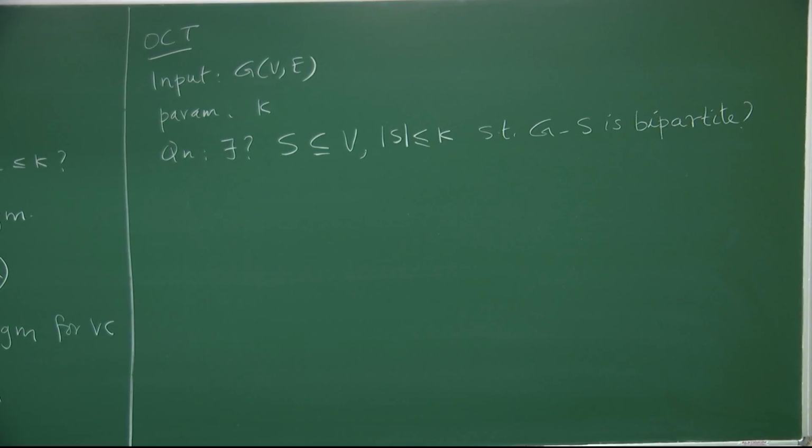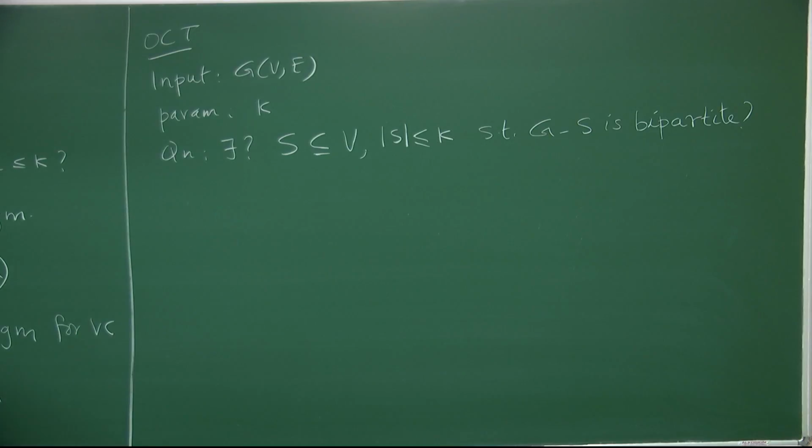Right? So, can I remove some k vertices to get the graph bipartite? And we gave a 4 power k algorithm by a simple reduction from OCT to this vertex cover above matching.